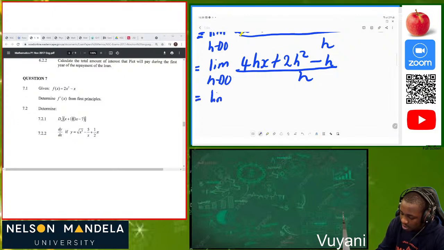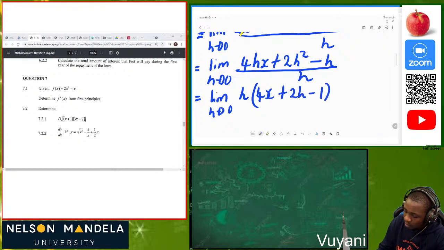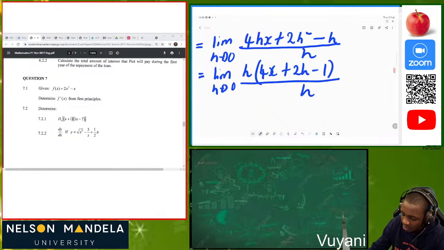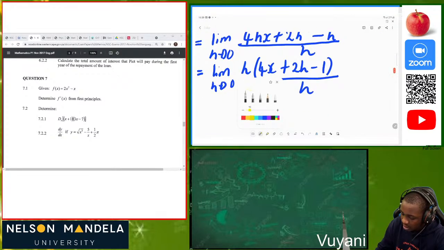So the limit as h approaches 0, the common factor is h only, so we are left with 4x plus 2h minus 1, all divided by h, and we know that h and h can cancel each other.